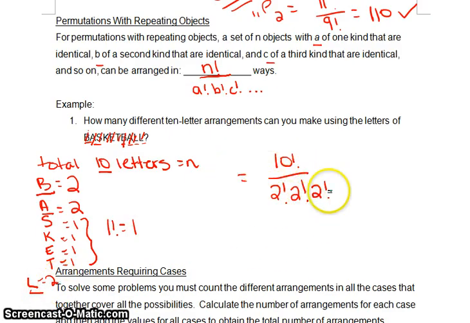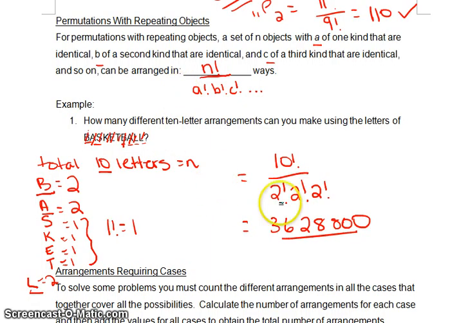Now you can put this into your calculator, or if we want to see the math, we would have 10 factorial, which is equal to 3,628,800, and that is divided by, so 2 factorial is 2 times 1, so it'd be 2 times 2 times 2.